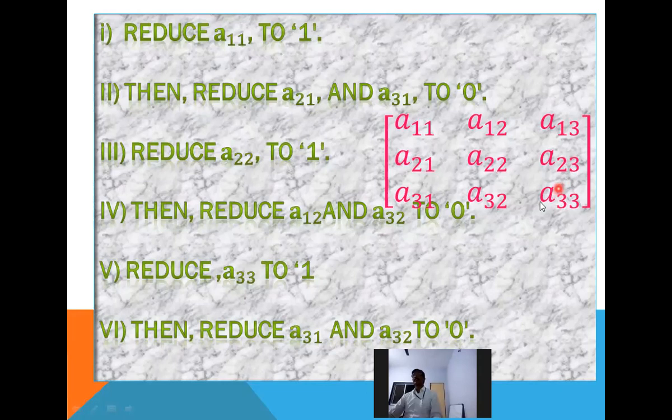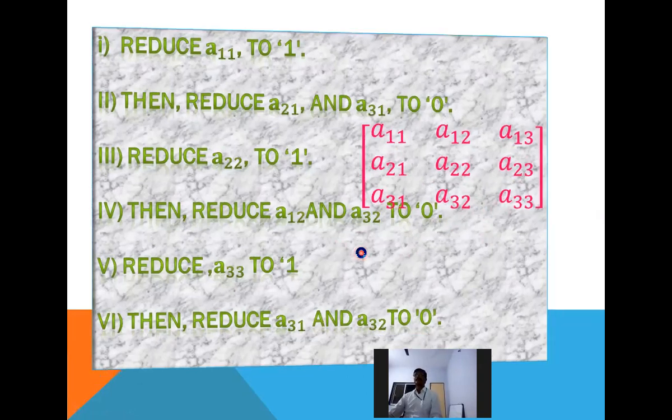Then with the help of this one, this is 0 and this is 0. So the way is like this: 1 0 0, then 1, then 0, 0, then 1, then 0 and 0. So if we go in this way, then your answer is not wrong. Okay, so follow this step for 6 steps.